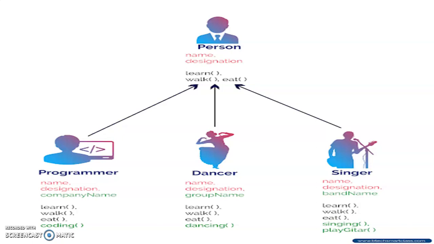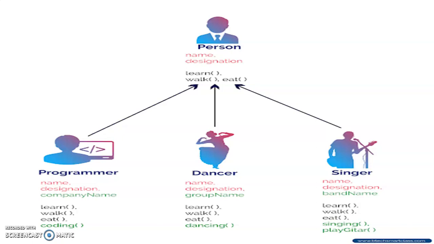In that programmer subclass there is one more data member, company name, and one more method, coding. For example, if the deriving class is dancer, one data member is group name and one method is dancing. The already existing data members and methods are name, designation, learn, walk, eat.